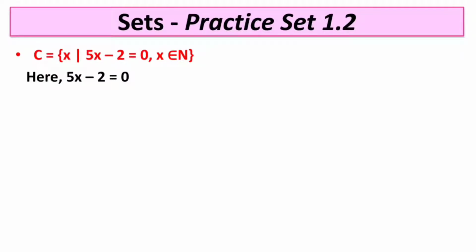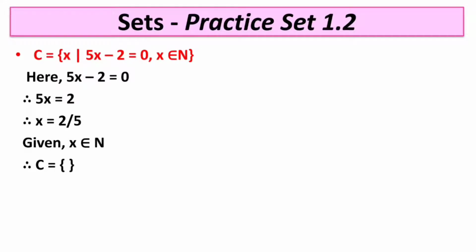Therefore, after transposing 2 from left hand side to right hand side, we get 5x equals 2, and now transposing 5 from left hand side to right hand side, we get x equals 2 divided by 5. Now 2 divided by 5 is not a natural number. So C is an empty set.